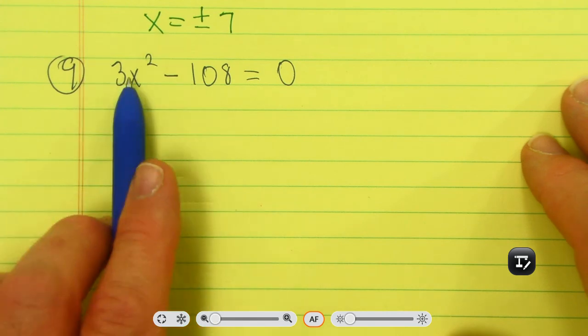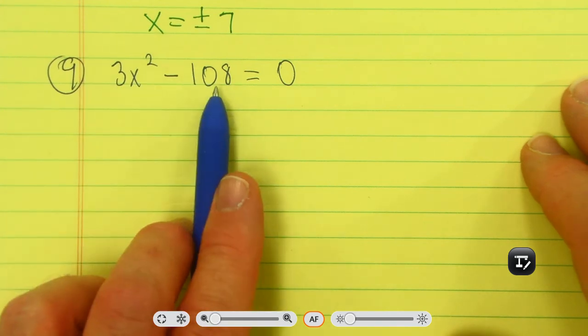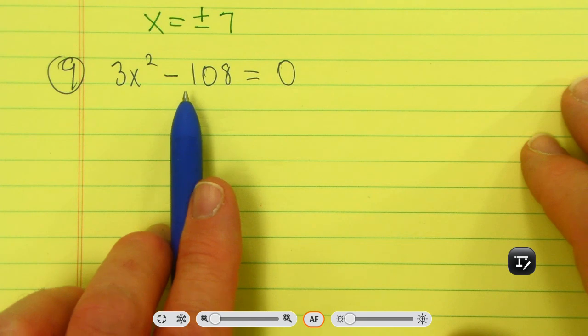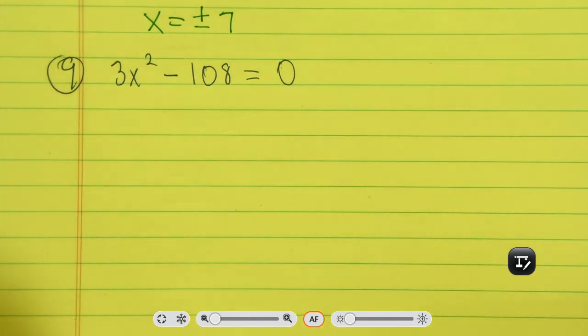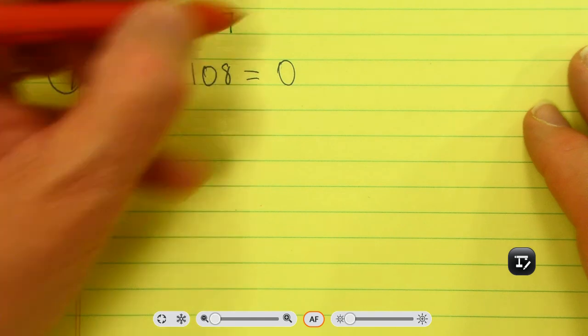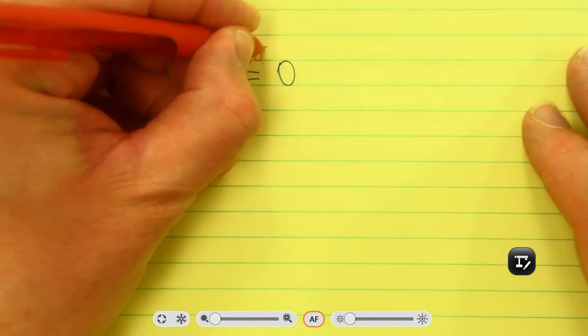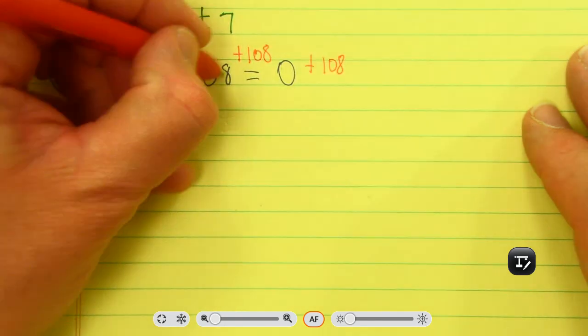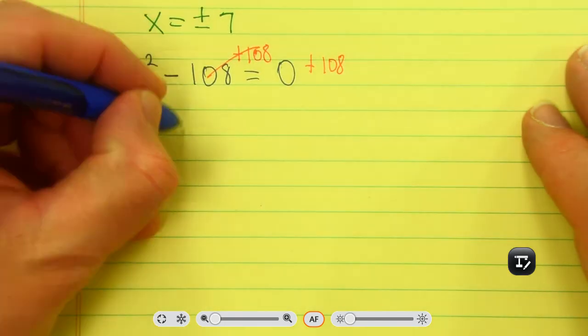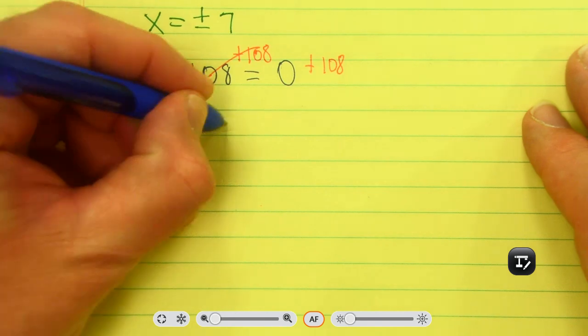I've got an x squared and a constant, but no single x term. So I can solve it using square roots. Of course, everything in this assignment will be that way because we picked those kinds of problems on purpose.